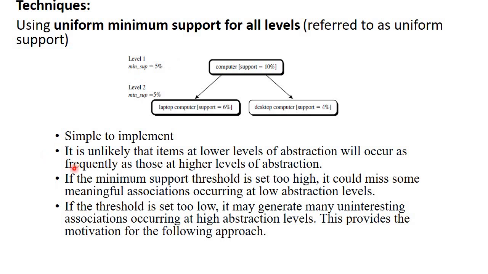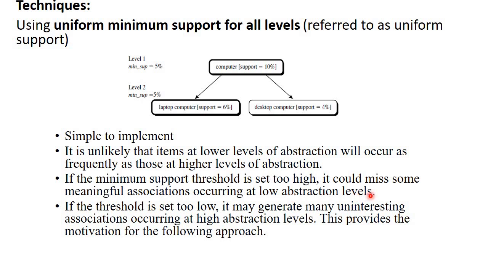Now this technique is very easy to implement, but it has some cons. So what are the cons associated with this kind of implementation? It is very unlikely that items at lower levels of abstraction will occur as frequently as those at higher levels of abstraction. If the minimum support threshold is too high, it could miss some meaningful association occurring at low abstraction level.